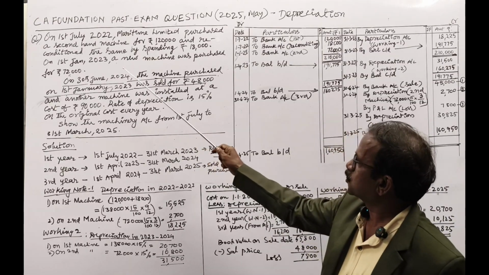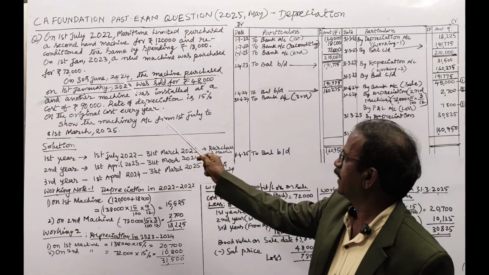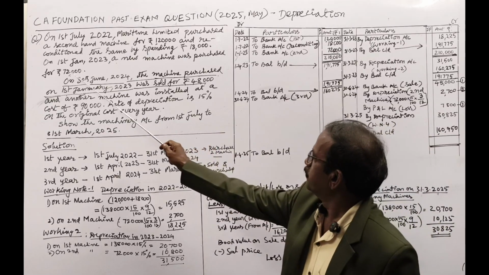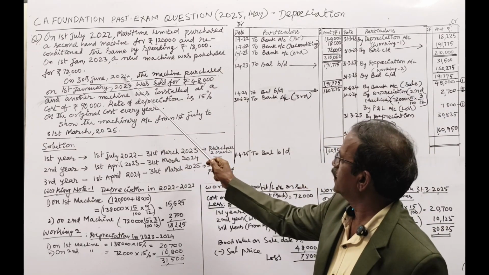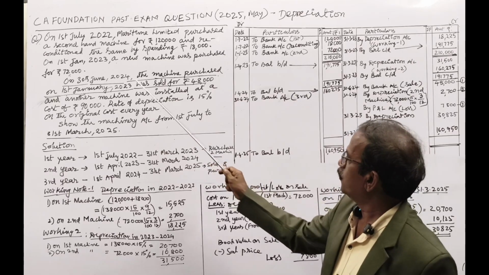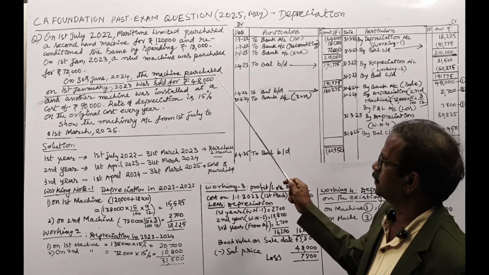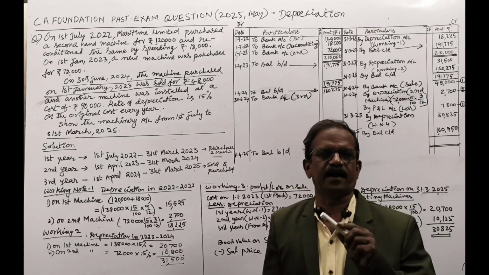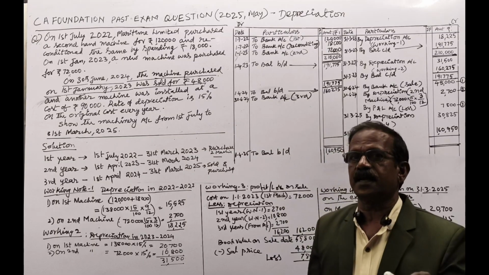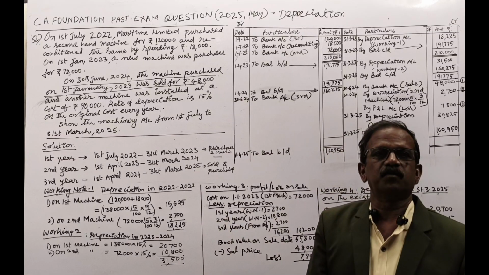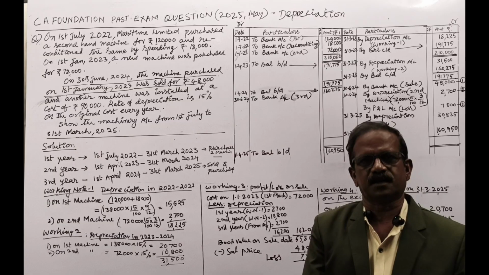That machine was sold on this date. For how much was it sold? 48,000. Like this, you have to understand. If you are able to understand this sentence, almost 50% of the problem is understood.